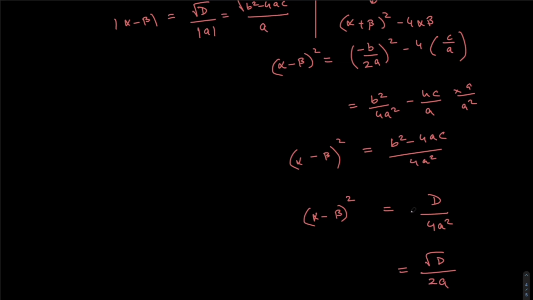2a. Oh, sorry, I made a small error here in the entire thing. It's actually minus b by a, so this is a squared, a, like this. So now I have square root of d by a right here. And actually the square root of something that's squared is not just alpha minus beta, it's the modulus of alpha minus beta.